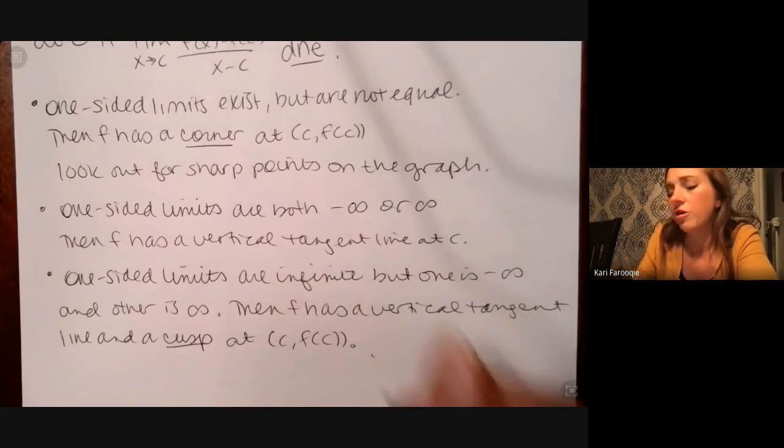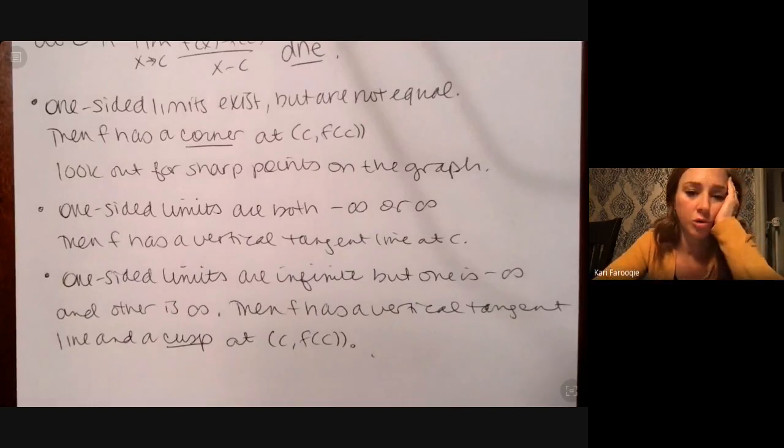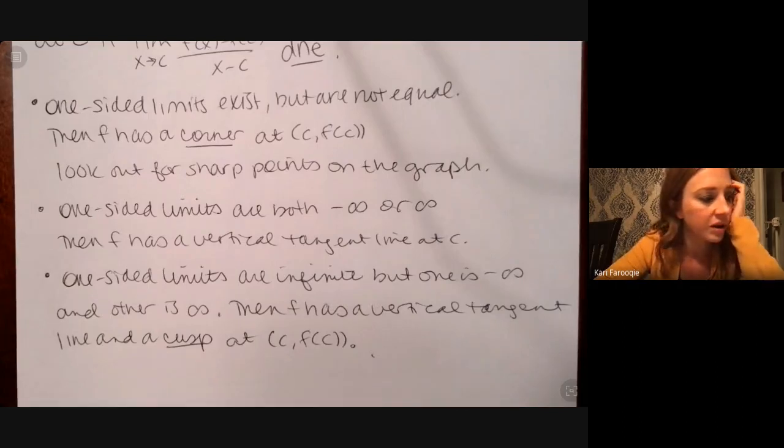I'm not going to be asking you on your test to tell me about corners and cusps. Mostly, I just want to be able to give you a function and have you figure out values of x that you think might cause issues with the differentiability, and then to use the definition of the derivative to prove to me that that limit does not exist. And I'm going to give you two examples now of how to do that.